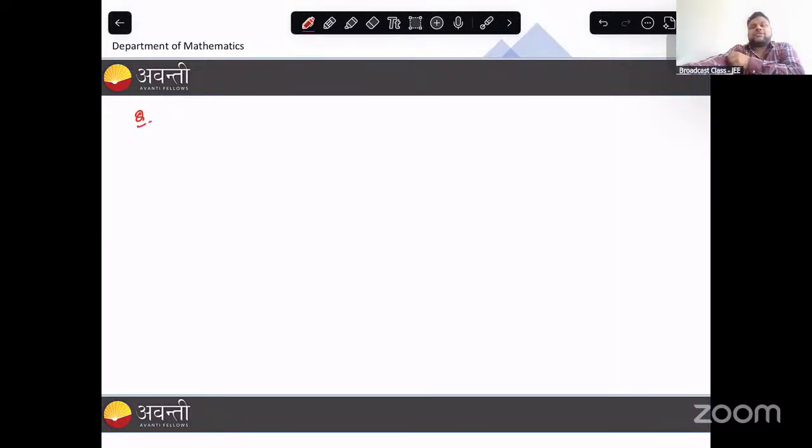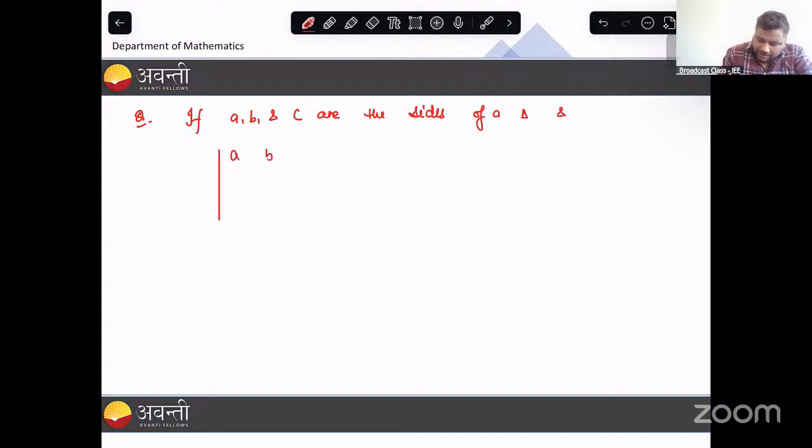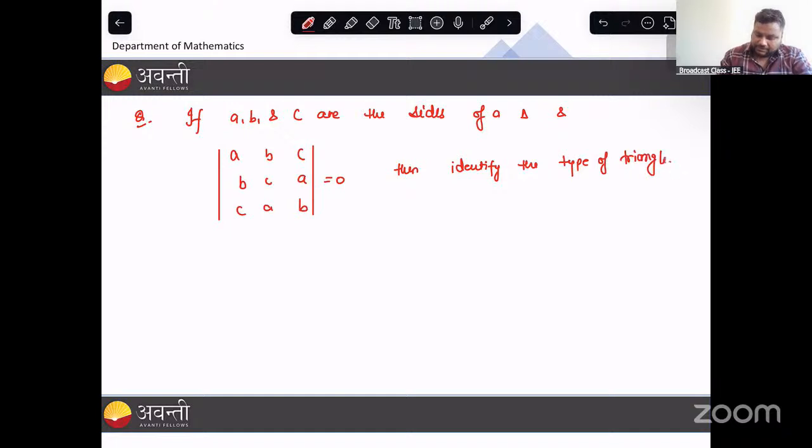Write down a question based on that. If A, B, and C are the sides of a triangle and determinant ABC, BCA, CAB, this value goes 0, then identify the type of triangle.